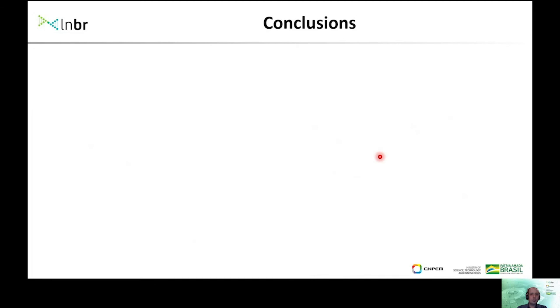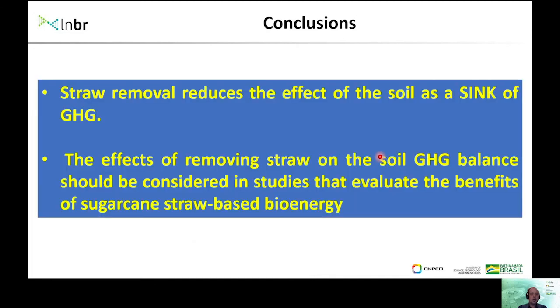As a conclusion of my presentation, I would like to mention that straw removal reduces the effect of the soil as a sink of greenhouse gas. We advocate that the effect of straw removal on the soil greenhouse gas balance should be considered in studies that evaluate the benefits of sugarcane straw-based bioenergy.